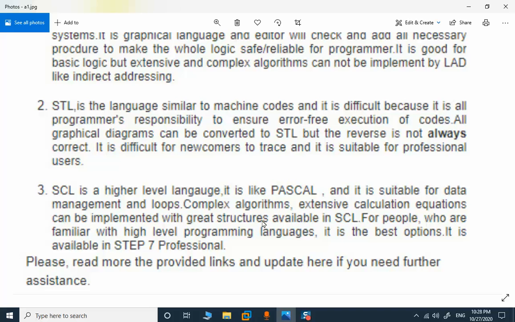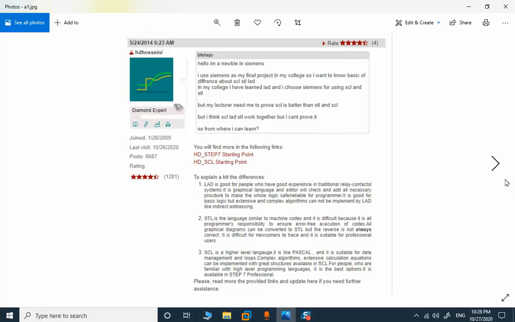It's not very difficult to learn. We have many videos on SCL for Step 7 and TIA Portal in our channel. So this is the basic explanation of these three languages. The rest of them are very similar. I will explain them in the rest of these slides.